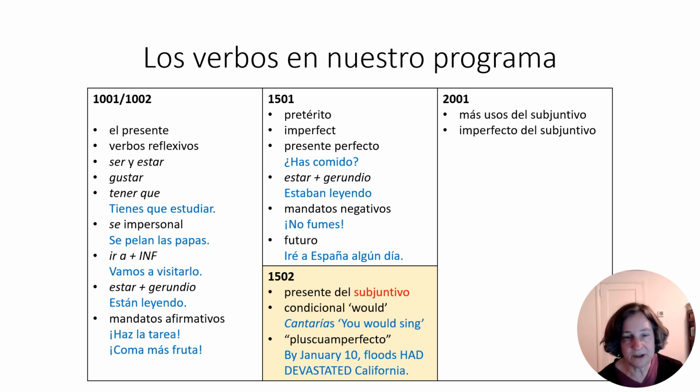In 1501, the main thing you're going to do is these three past tenses. But you're also going to take estar plus the gerundio, so that's the present progressive, and move it into the past using the imperfecto. So if you say estaban leyendo, it means they were reading, and that's a kind of background to something that was going to happen.